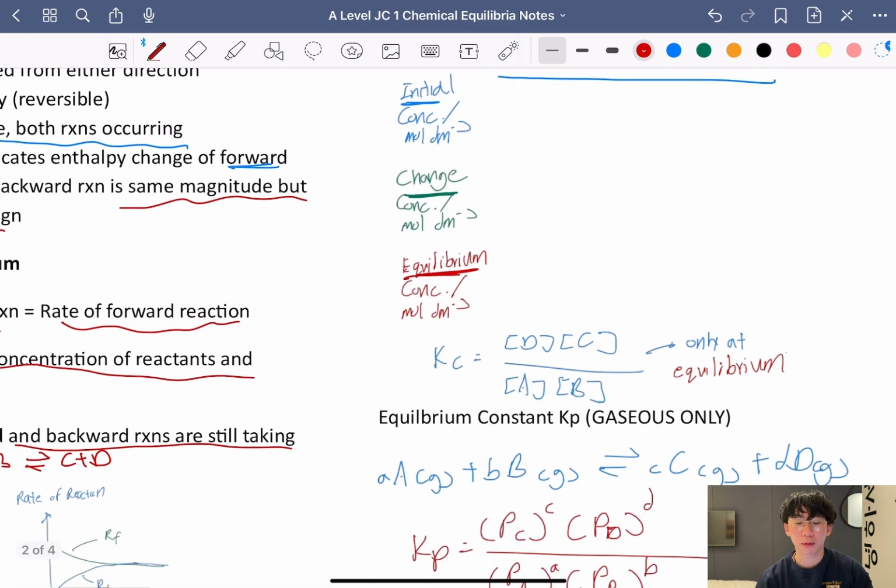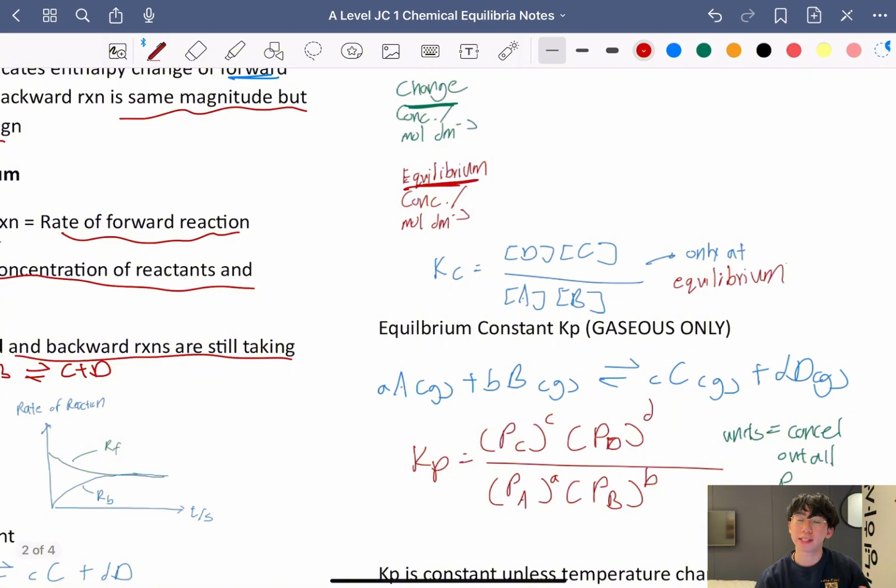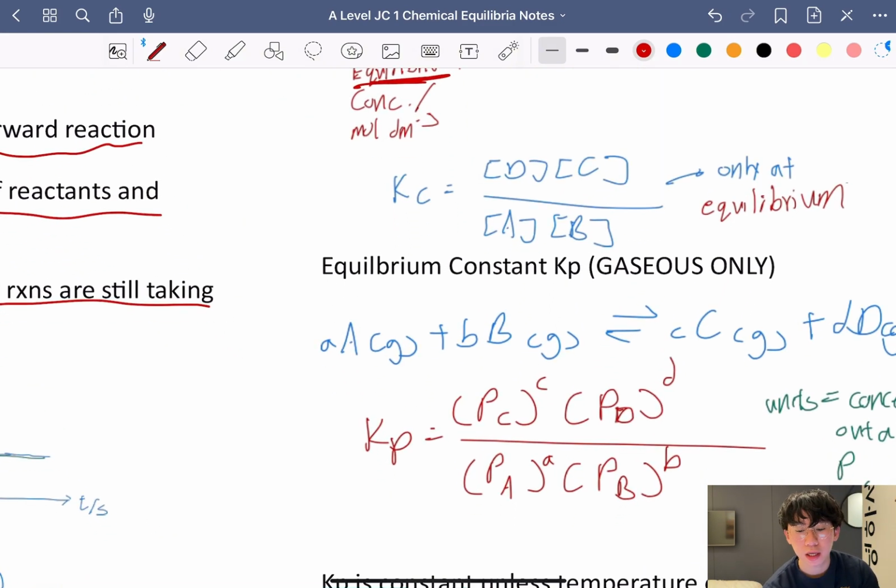You can use these equilibrium concentrations to find your Kc, or vice versa. With the Kc, you can find equilibrium concentrations of your reactants or your products. So just take note that the concentrations in your Kc equation only represent the equilibrium concentrations. Anything else that is not at equilibrium should not be put into the Kc expression.